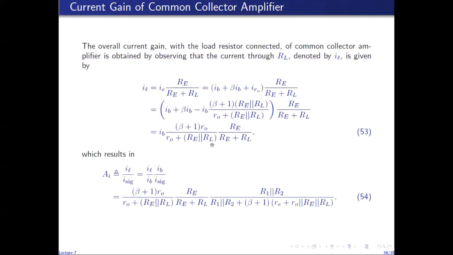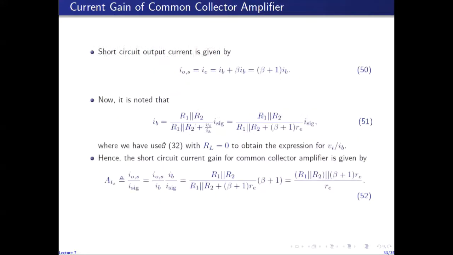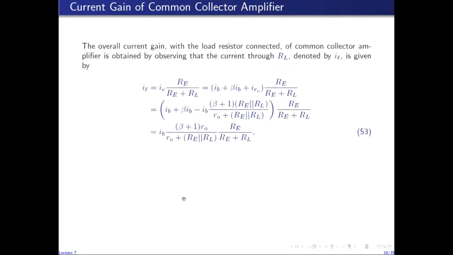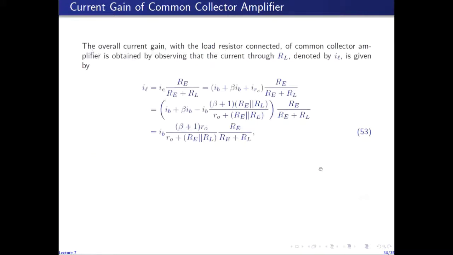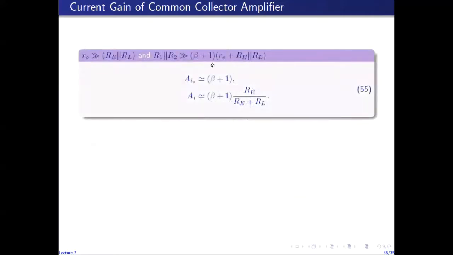Let me go back to the expression for short circuit current gain. It has this factor, which can be approximated by assuming that R1 in parallel with R2 is much greater than this term, beta plus 1 times this resistance.